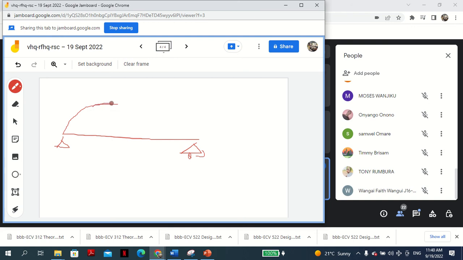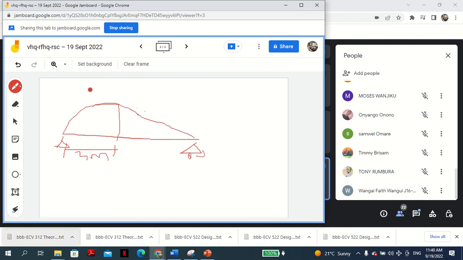But after you reach this point, where this was 3 meters, then it has to be a straight line because the shear force was constant. So from there, we have a nice straight line. Please note that this is a straight line. Anyway, this is basic stuff that you should already have known.